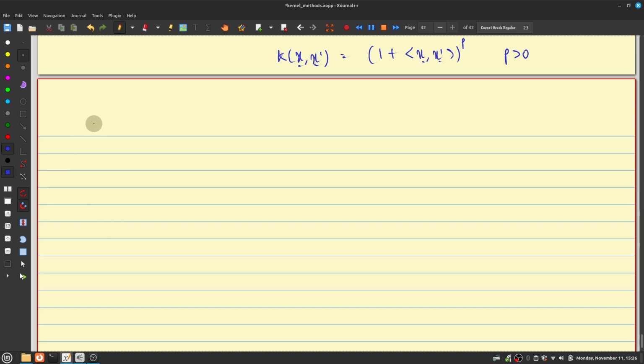What is very frequently used in practice is a so-called Gaussian kernel.